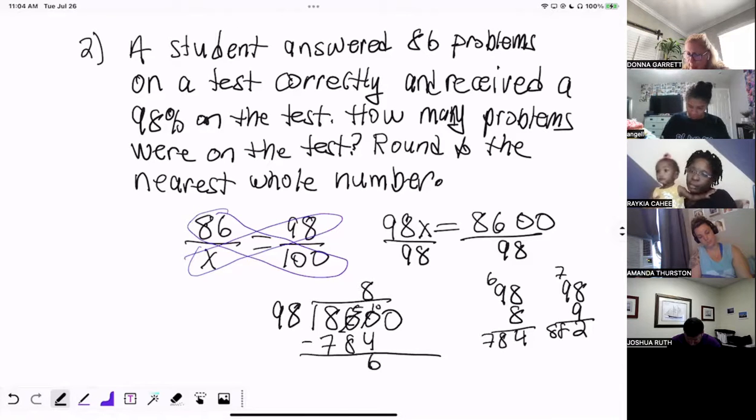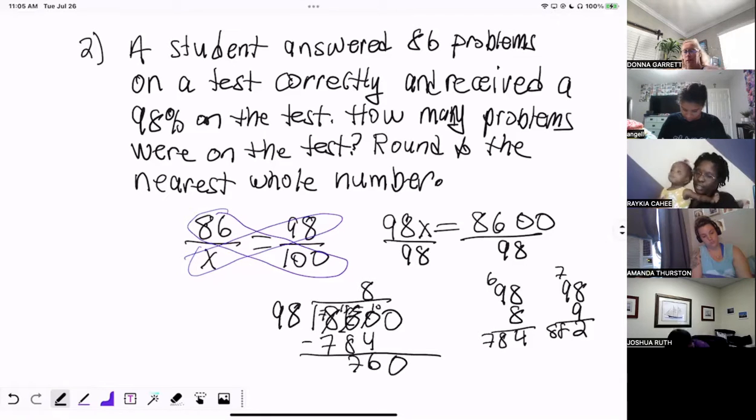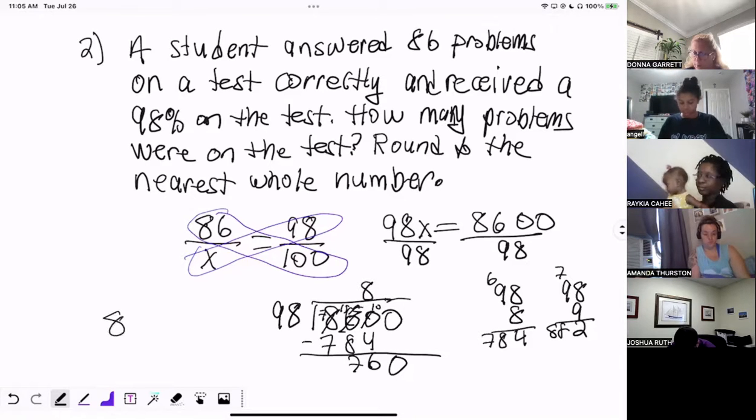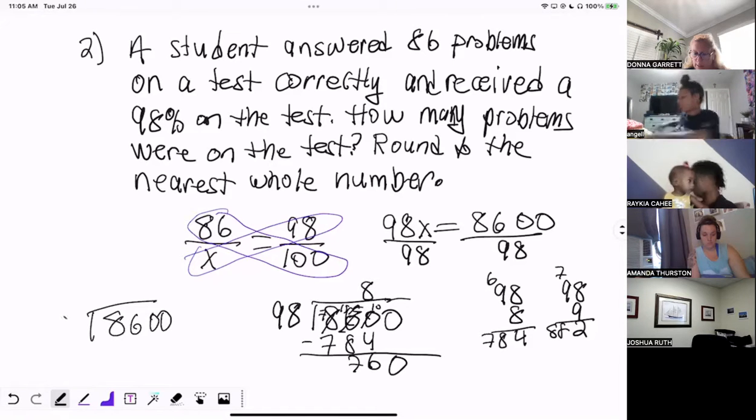They're big numbers. Yeah, I know. 7, 15, 7. I got 76. Bring down the 0. Did I do that right? Hold on. 8600 divided by 98.